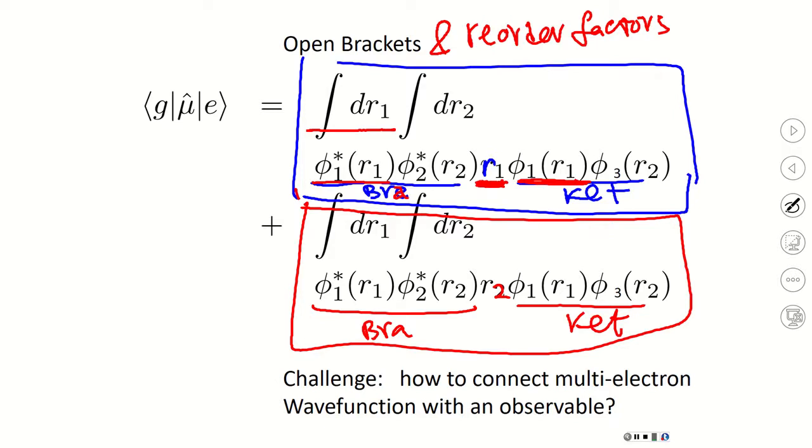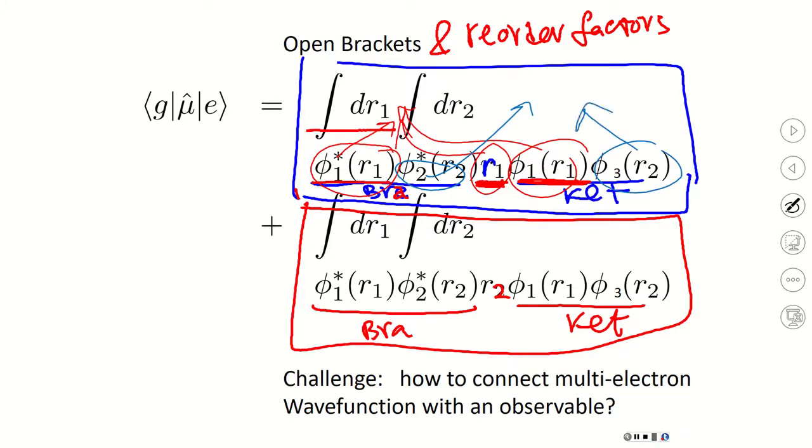So we can rearrange the factors here. For example, we can pull everything that depends on R1 into here, into there, and into there, right? And everything that depends on R2 can be moved here and there. Those who are watching, do you follow, is it logical, right?